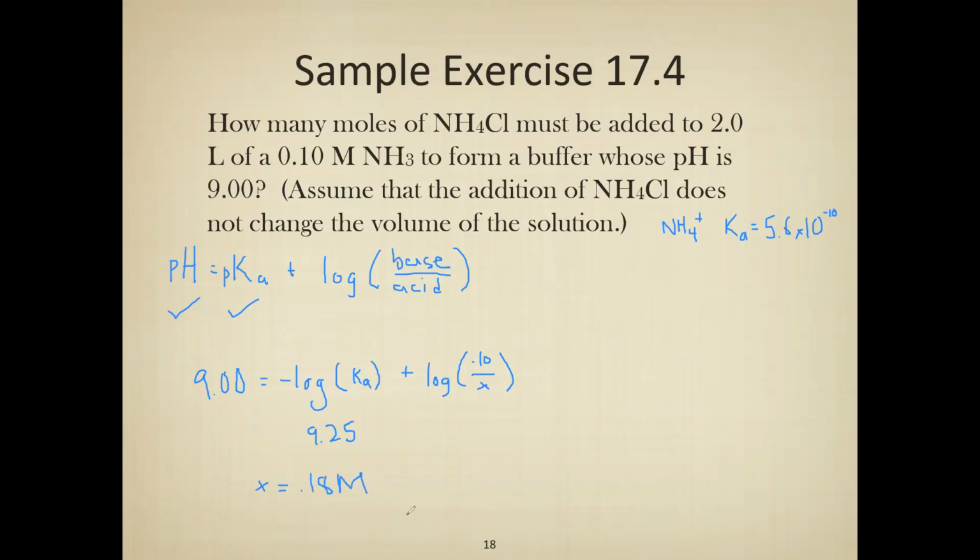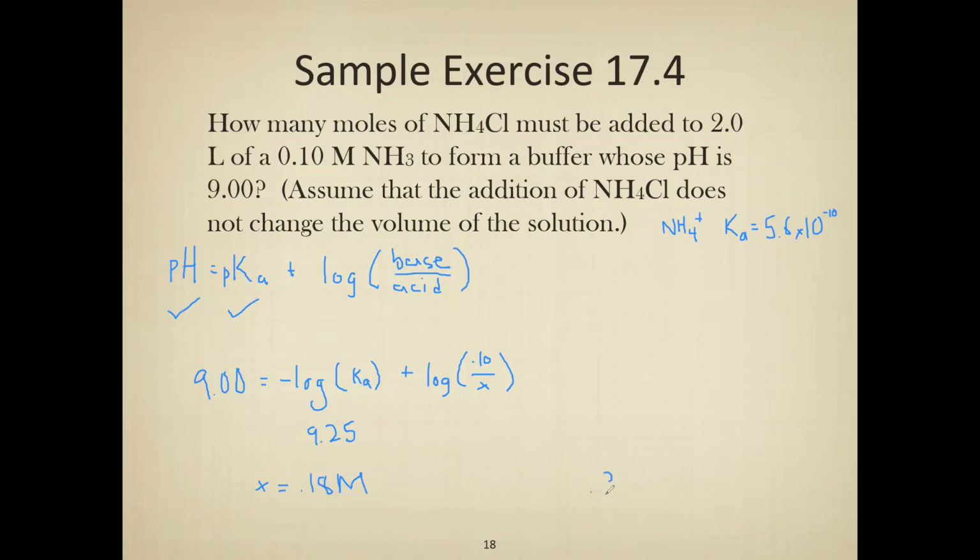For this one, though, we don't want the concentration of the acid in order to get this pH. We want to figure out how many moles of ammonium chloride were needed. And for this solution, since it's 2 liters total, moles per liter, we've got 2 liters. We're essentially going to double this.